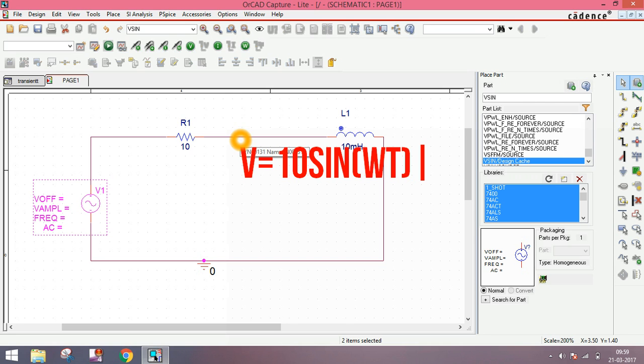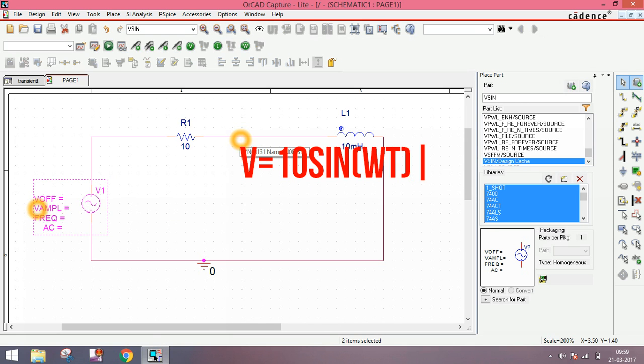This is the mathematical expression of sinusoidal voltage, and here 10 is nothing but the V amplitude, and omega is equal to 2 pi f. F is frequency, so here we set a frequency. We assume that frequency is 50 Hz and t is time.